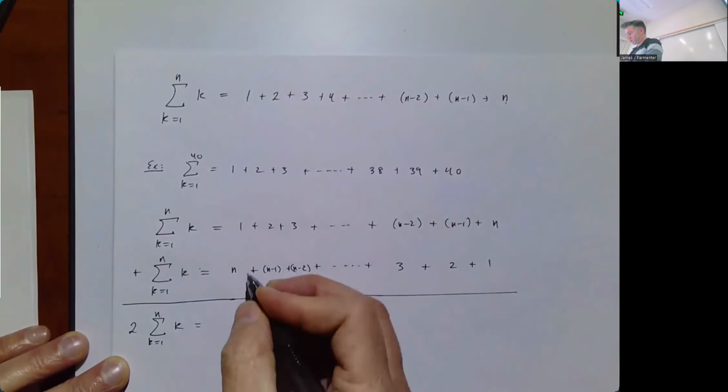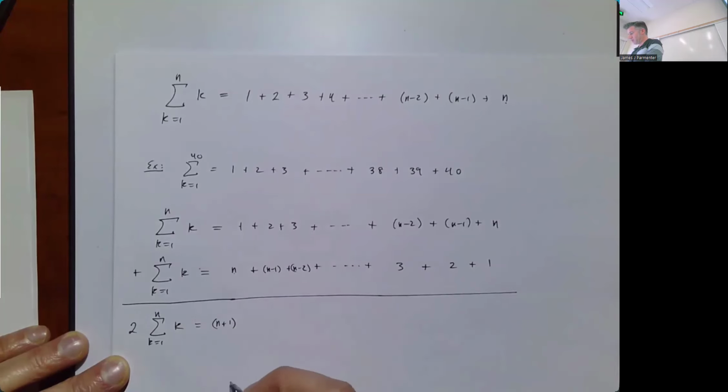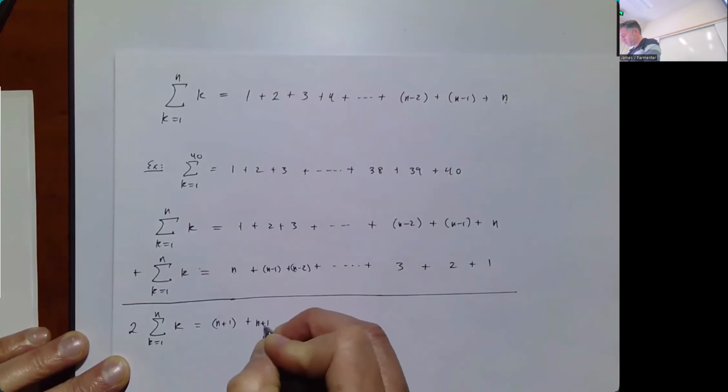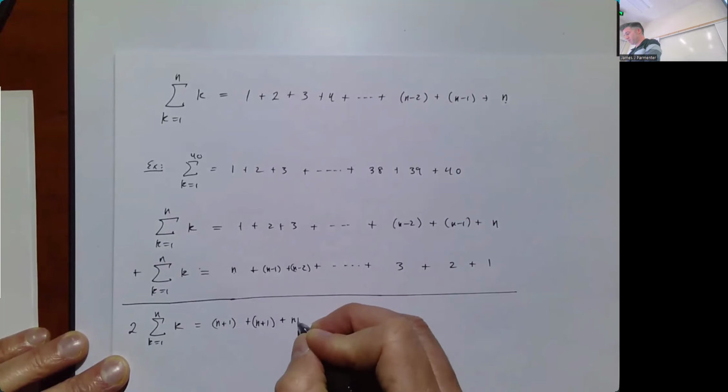So check it out. 1 plus n, I'm going to write as n plus 1. 2 plus n minus 1, see, n minus 1 plus 2 is going to be n plus 1. What about 3 plus n minus 2? Oh, n plus 1.